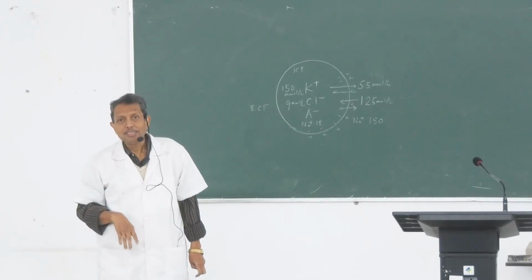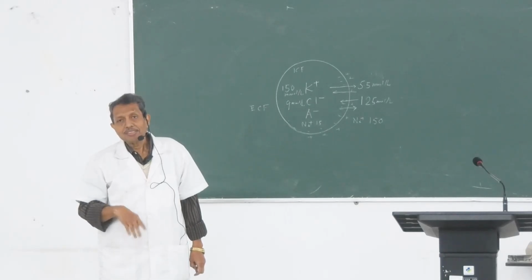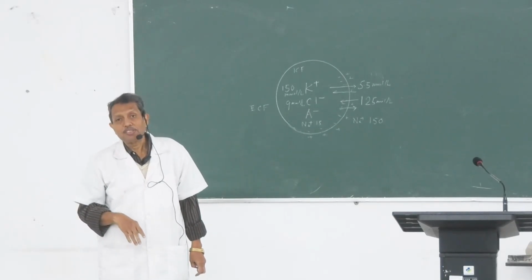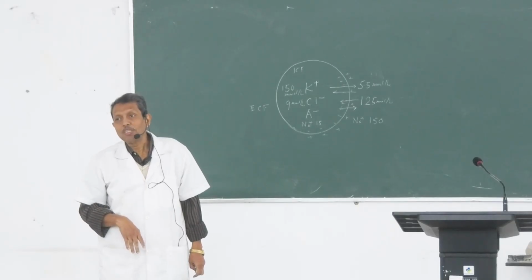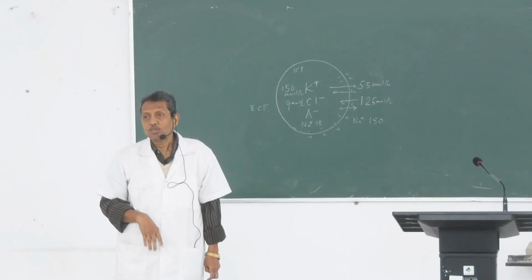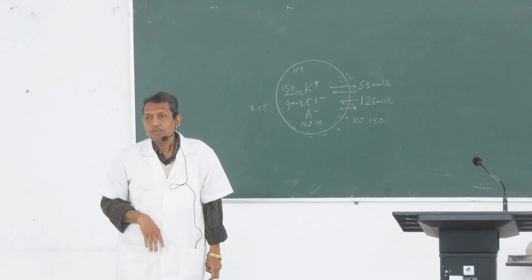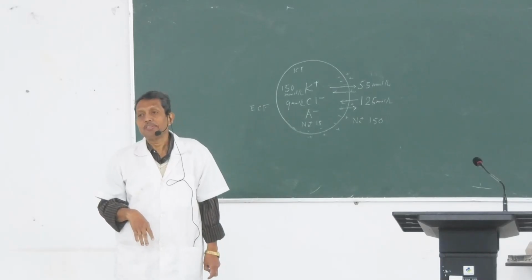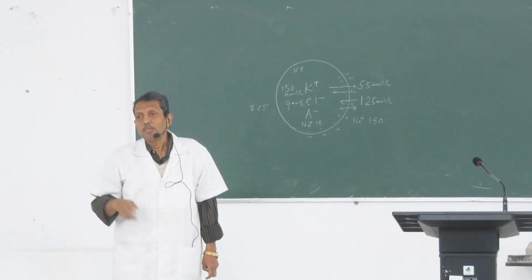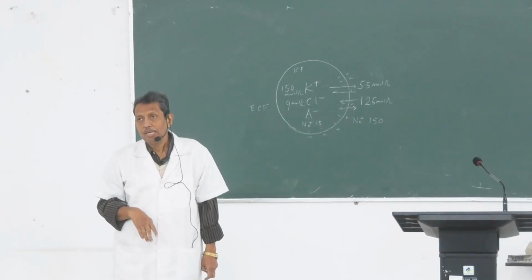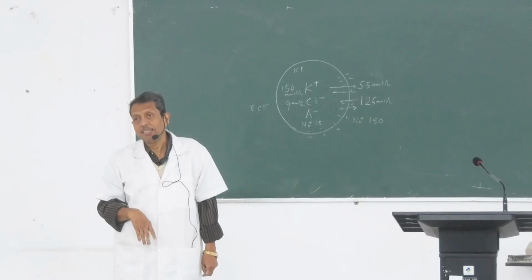For this reason, there are the membrane proteins, channels: sodium channels, potassium channels, chloride channels, and so on. Even for water, there are aquaporins where quick equilibration is required.